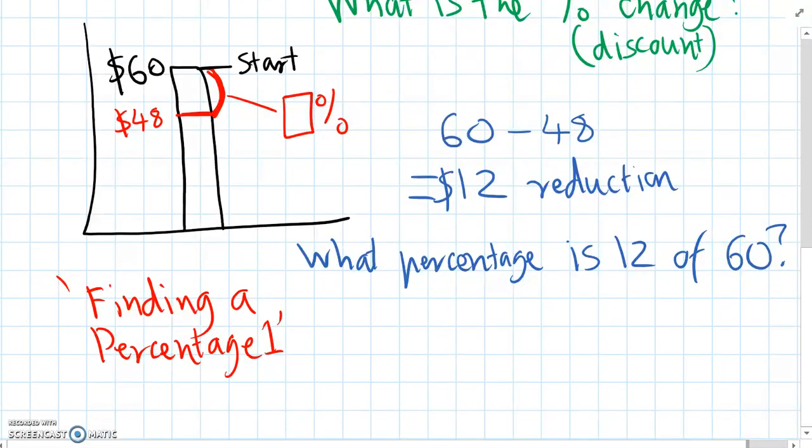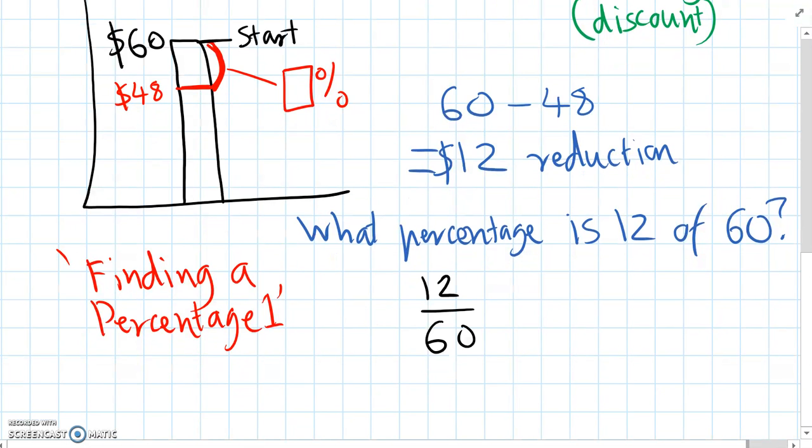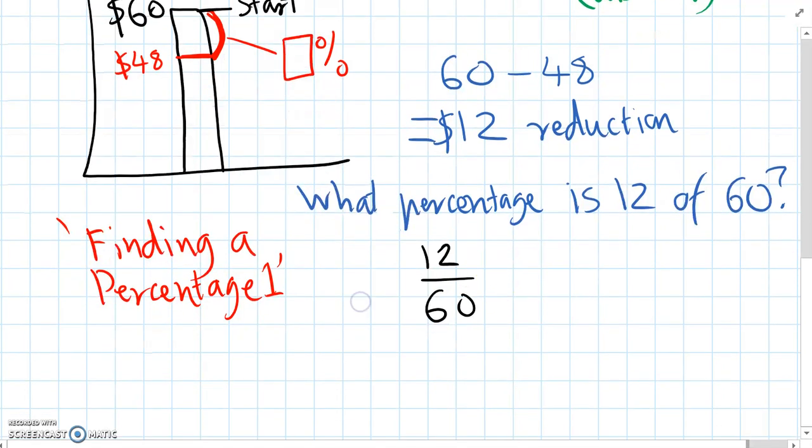But all we're saying is 12 is the amount of money out of 60 as the original. And we want to make the fraction into a percentage. And the way we do that was to divide the two numbers together, 12 divided by 60, and then multiply by 100.